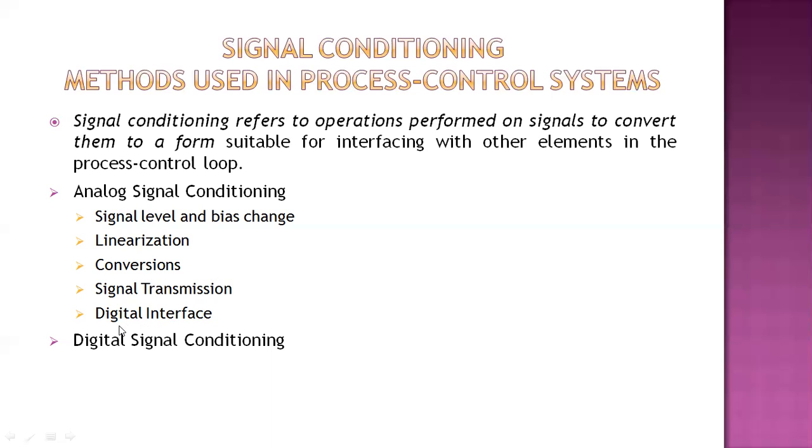The last category we have is digital interface. The use of computers in process control requires conversion of analog data into digital format by integrated circuit devices called analog to digital converters, that is ADCs.